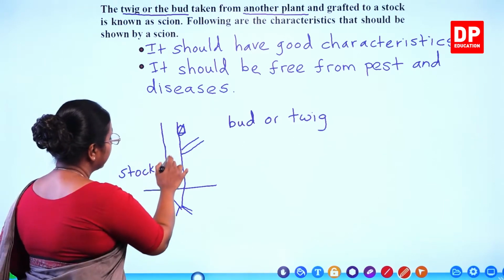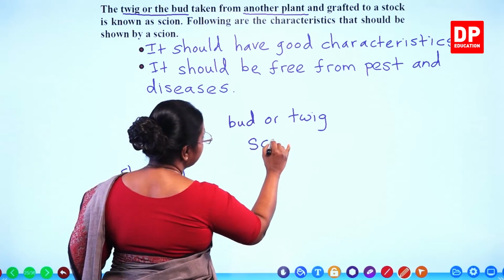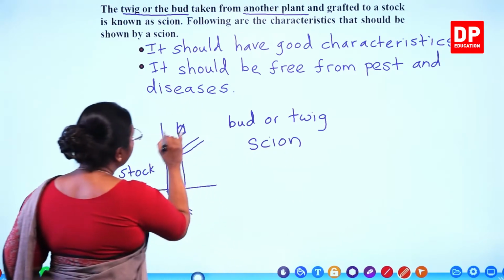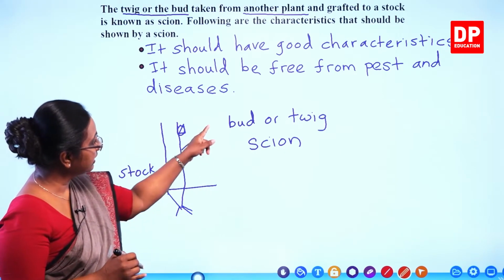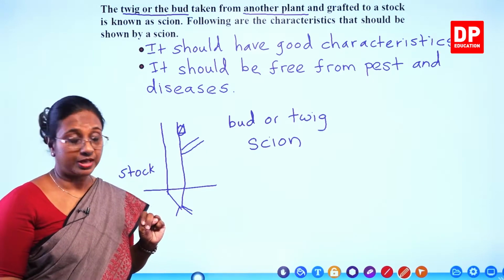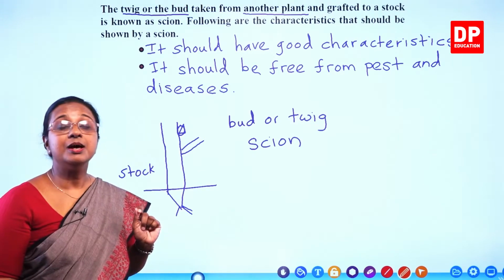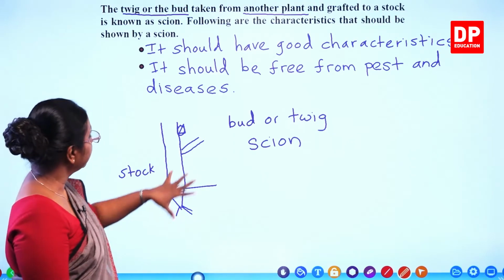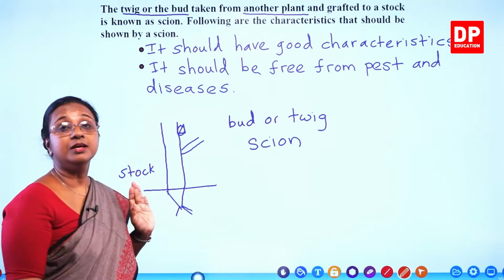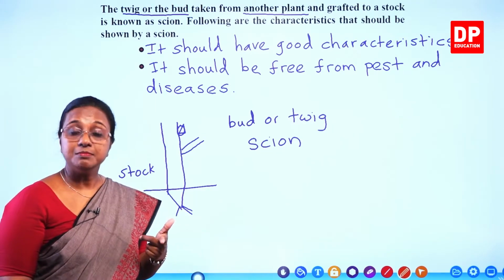So here we have the stalk with the good root system and we brought in the scion. Based on whether the scion is a bud or a twig, we classify it into two types. One is known as twig grafting, the other one is known as bud grafting. So that is how we carry out the grafting method. So two types, twig grafting and bud grafting.